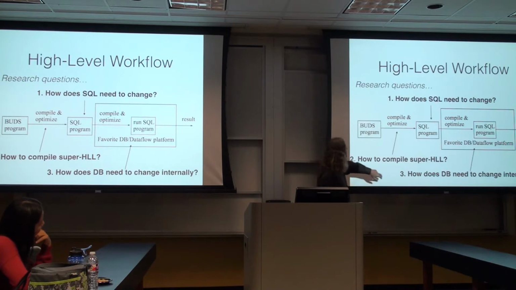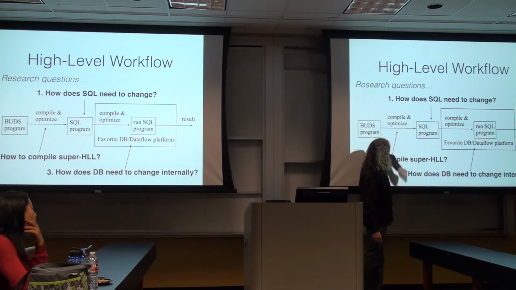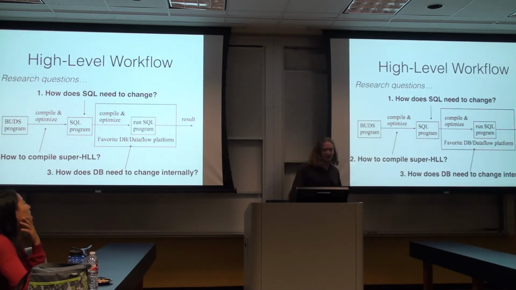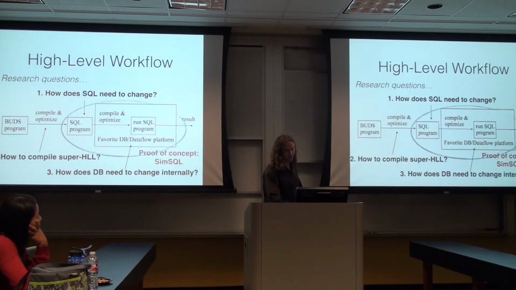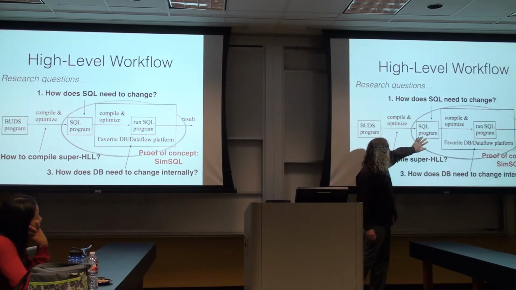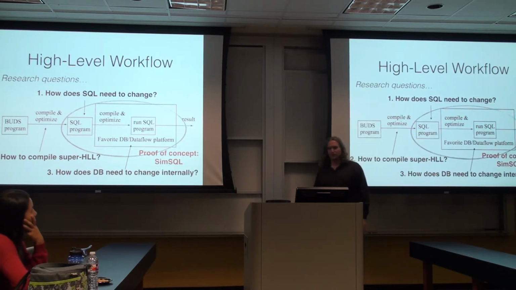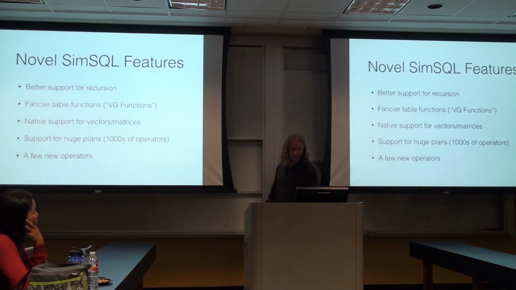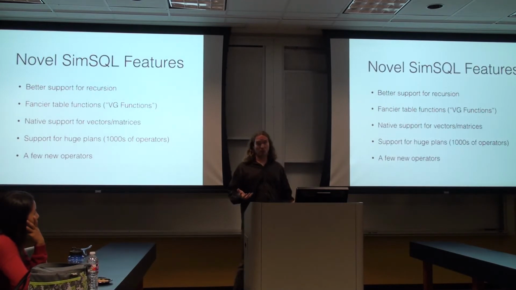And then third, because we're making changes here, the question is, how does the database server itself need to change internally? Okay, and so, like I said, we've done work on this part, but the SimSQL system I mentioned a minute ago is really focused on this. Okay, so the question is, how does SQL need to change and what are the internals? Okay, and so this is something we've been working on for a long time, right?